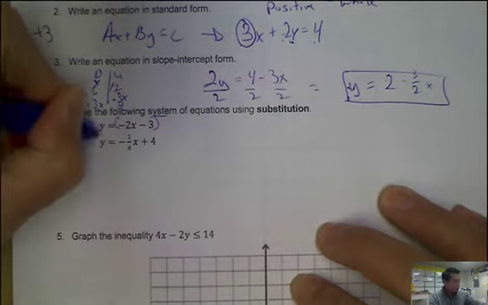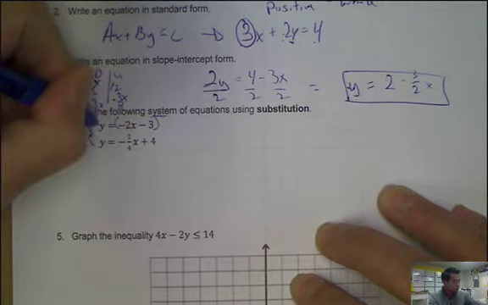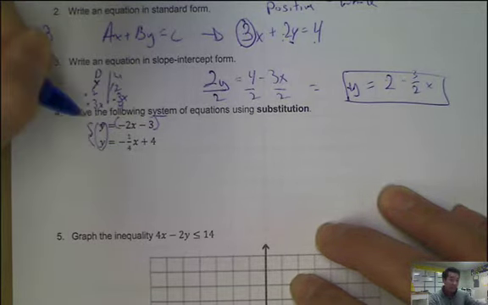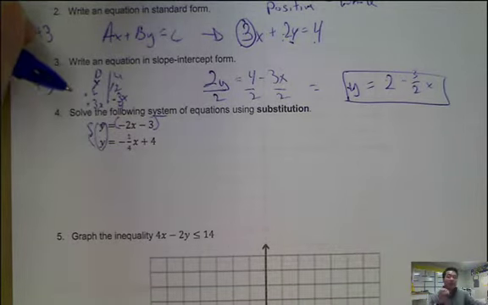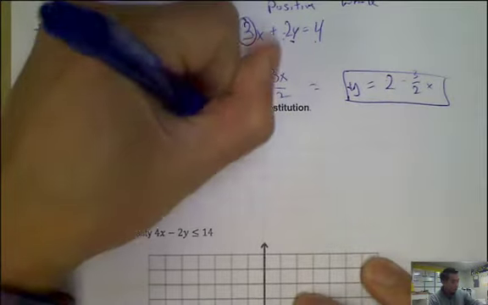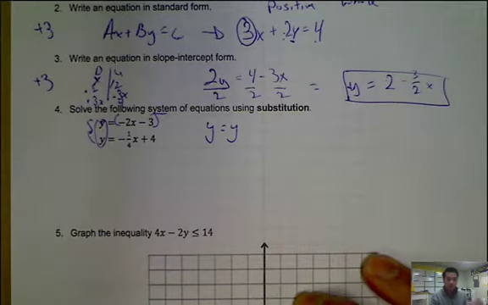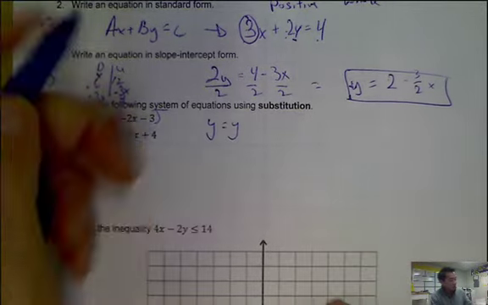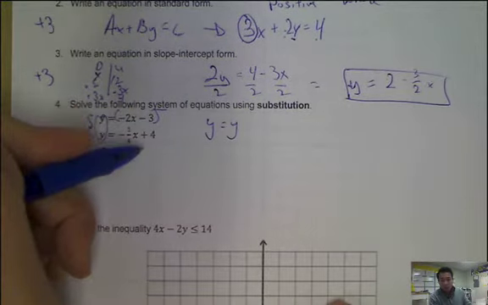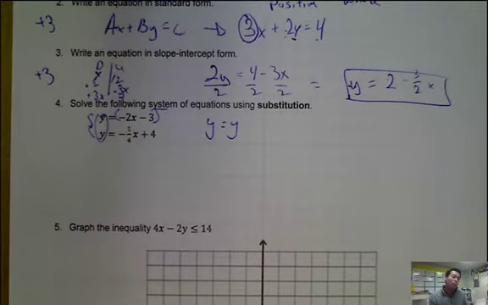Since this is equal to y and this is already equal to y, both of these are y's, and they're part of the same system. So I know for a fact that they are the same rational number. So therefore y is equal to y, because they are part of the same system. In this case, if I wanted to, x is equal to x because they're the same x. There's only one x or one y value that would satisfy this if you're solving for a solution point.